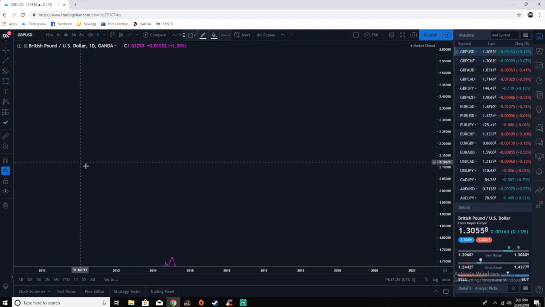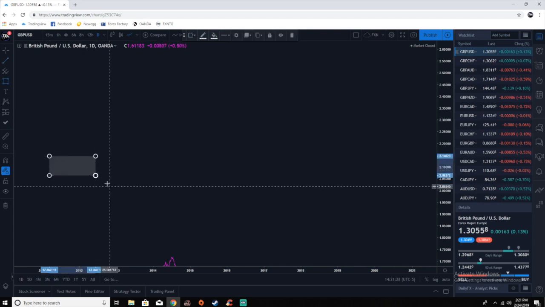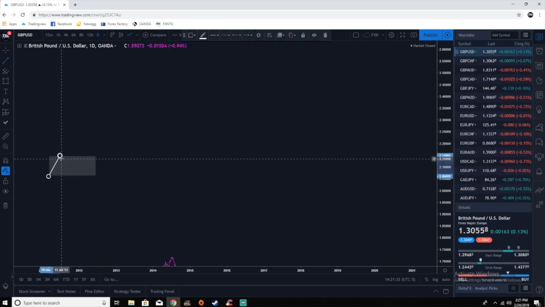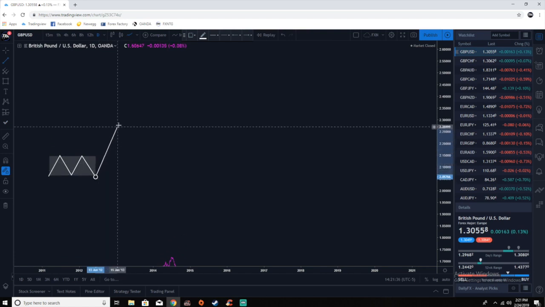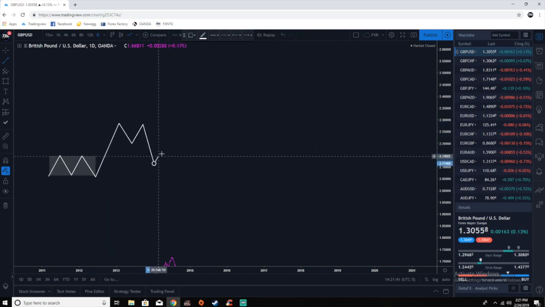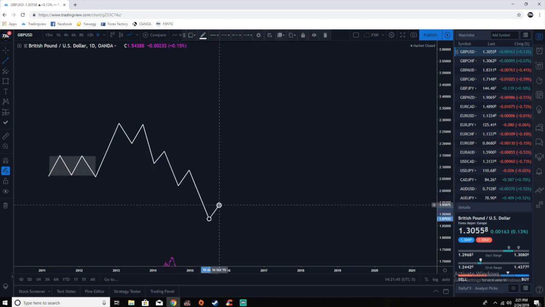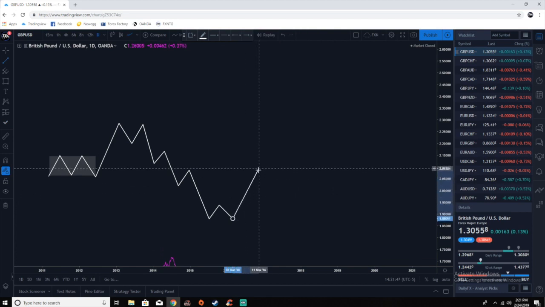We have our Asian range, and then price moves between that range, and then all of a sudden it moves up, comes back up, retests, comes down, and comes back up.